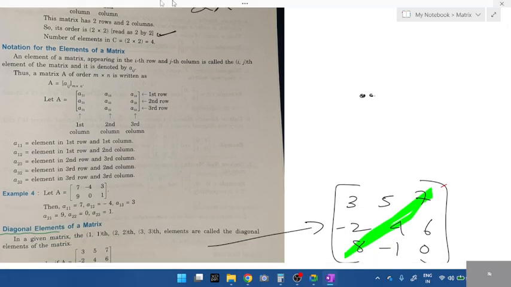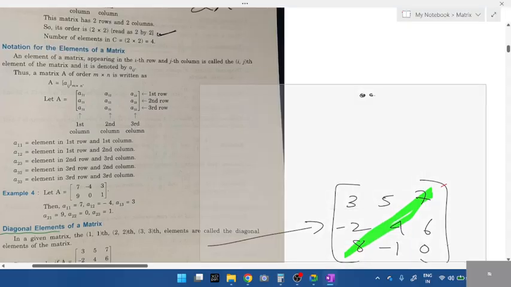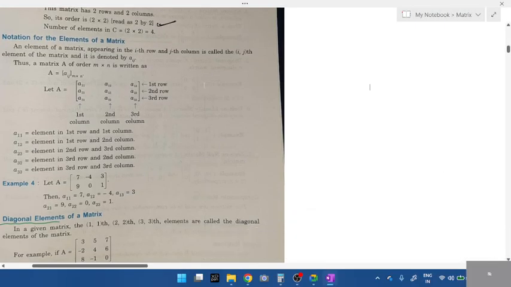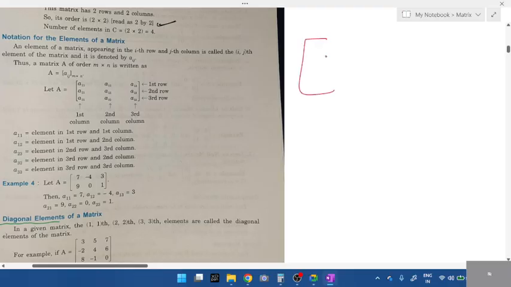Next, notation. Notation is nothing but the position I told you about. The meaning of notation is in which position the element lies. And one more thing I missed out: 1, 2, 3, 4, students, all these we call elements.